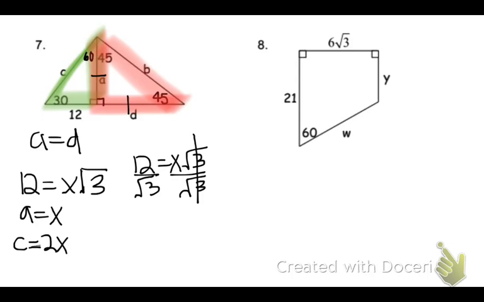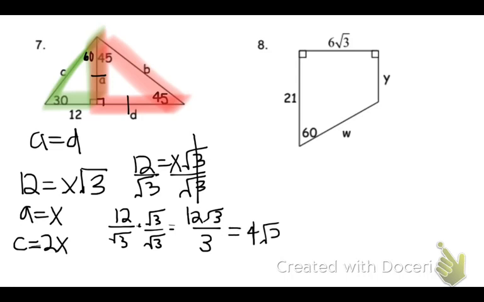But on this other side, we can't have a radical on the bottom, so to get rid of that, we do times root 3 over root 3. We have 12 root 3 on the top, and then 3 on the bottom. Have to simplify that further. We get 4 root 3. And all that, remember, was just to find X. So X is 4 root 3.